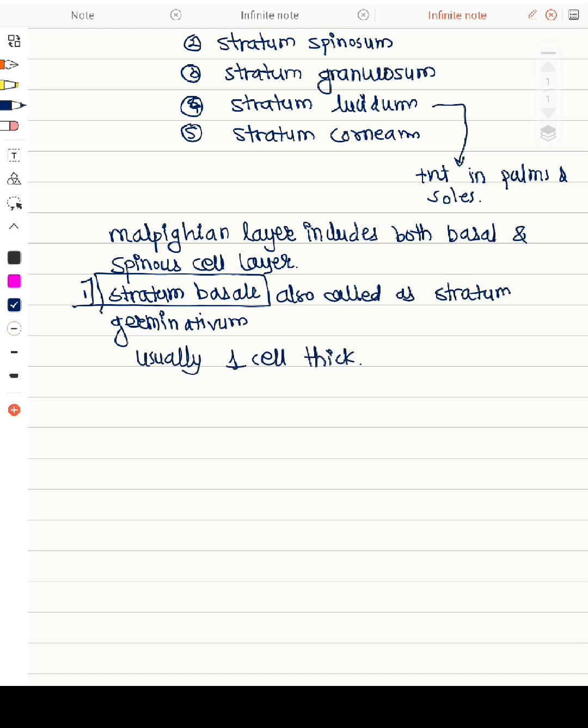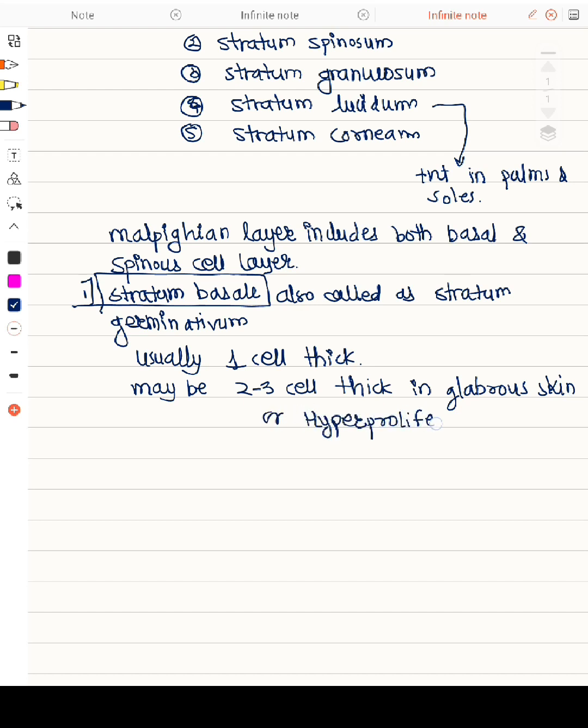Usually 1 cell thick, but it can be 2 to 3 cells thick in glabrous skin or in hyperproliferative skin. Stratum basale cells are small, cuboidal in shape, with prominent nucleus and dense cytoplasm.